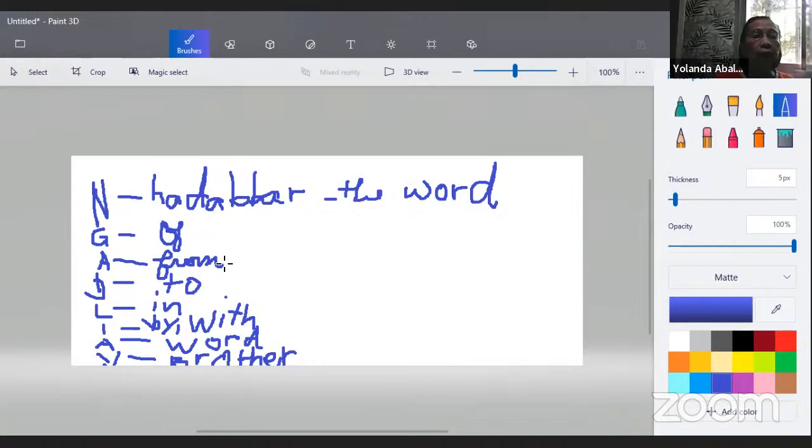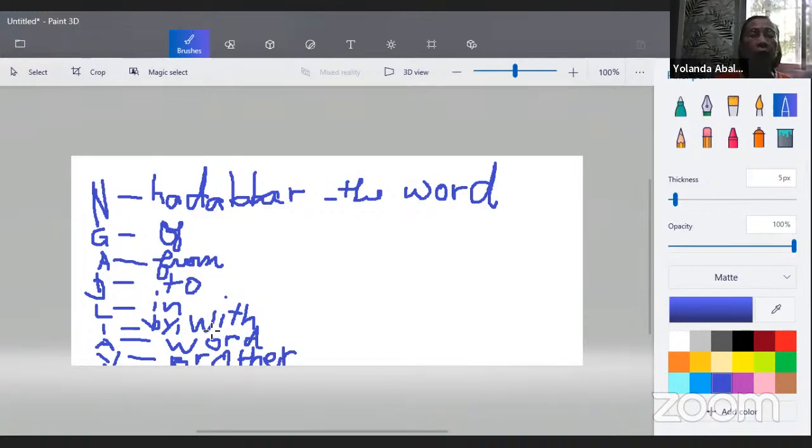From the word. To the word. In the word. By the word. With the word. Word. And then we have, for example, the brother took the words. Brother, he took the word. Yan.